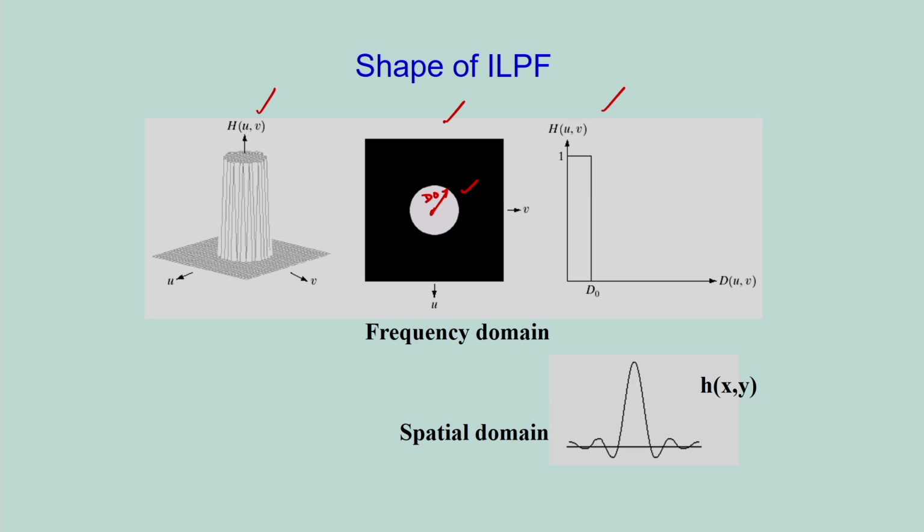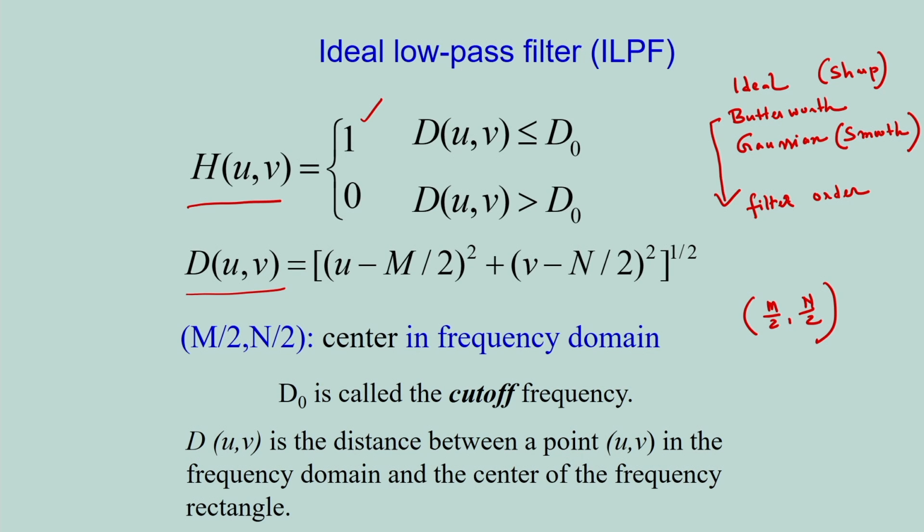If you see the previous expression for the filter function, if D(u,v) is less than or equal to D naught, then H(u,v) will be 1. If D(u,v) is greater than D naught, then H(u,v) will be 0. That means all the frequencies on or inside the circle of radius D naught are passed without attenuation, whereas all frequencies outside the circle are completely attenuated.